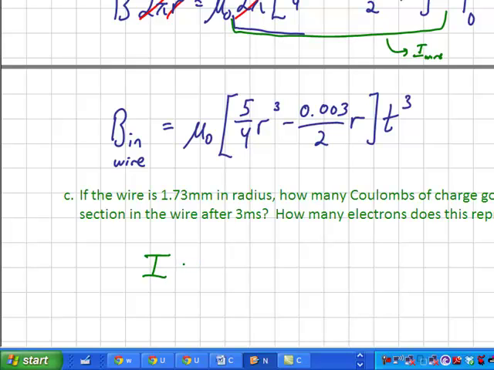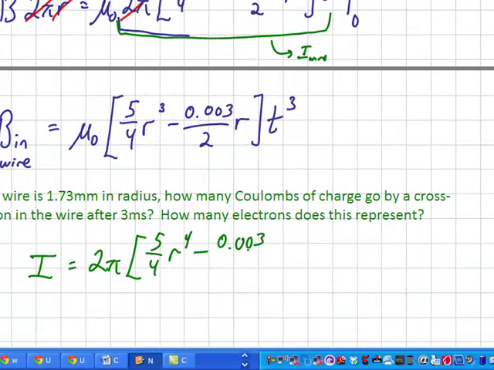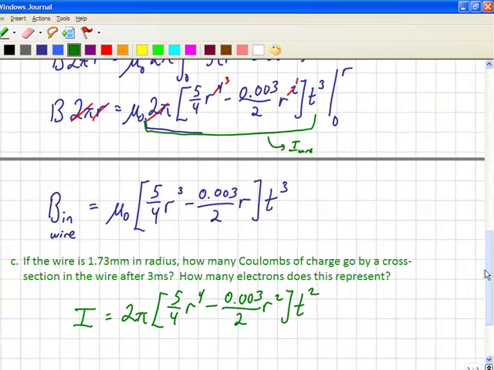And thus the current is 2 pi times 5/4 r to the 4th, subtract 0.003 r squared, and there is a time dependence right there.